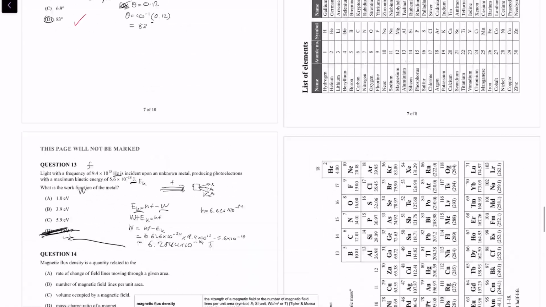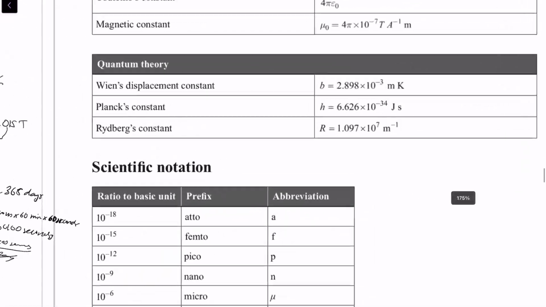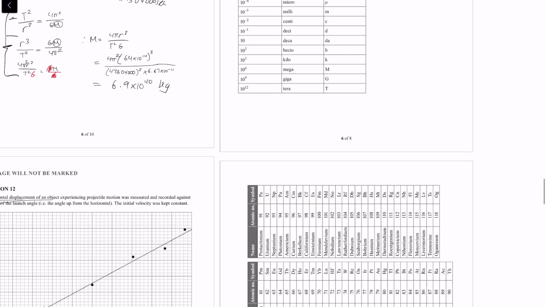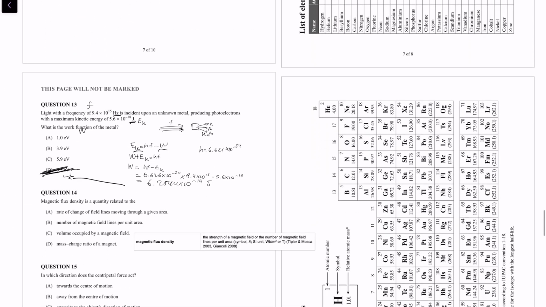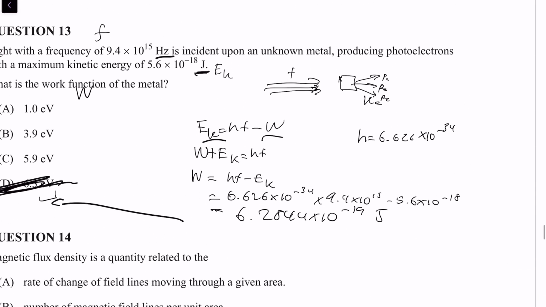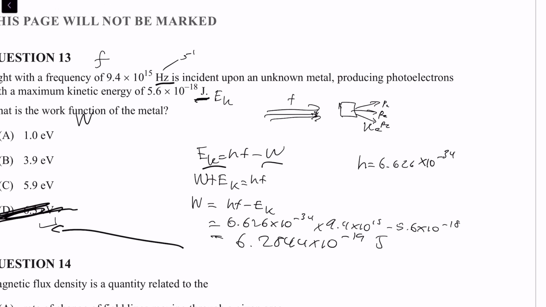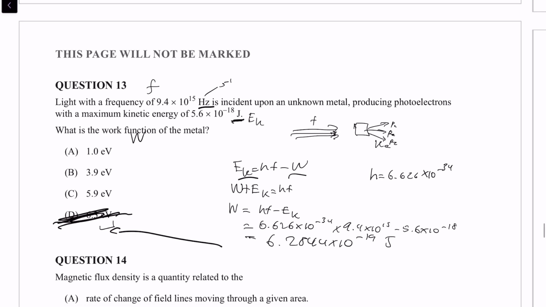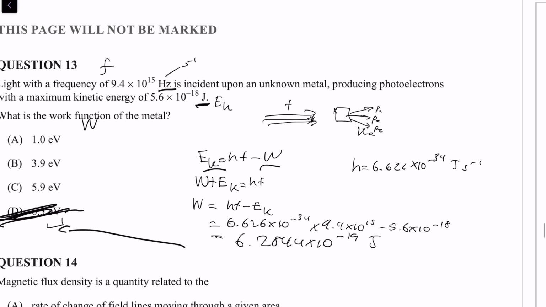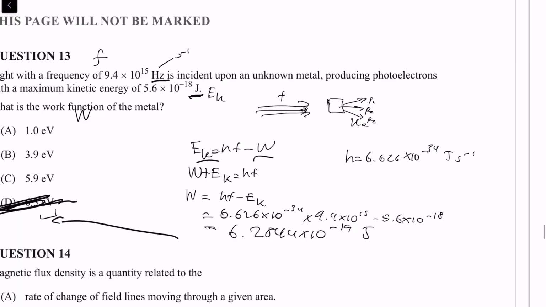Our h, the Planck's constant, is in joules times seconds, so it's definitely not eV, and hertz is actually per second. Fun fact. Actually, I think hertz is per second.